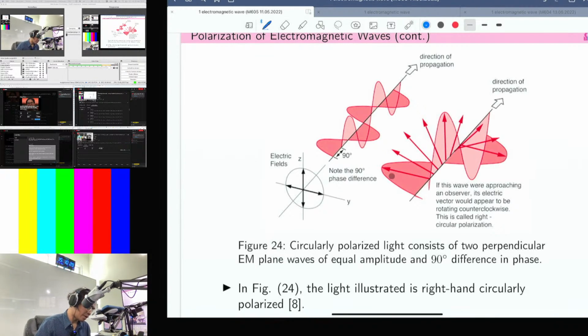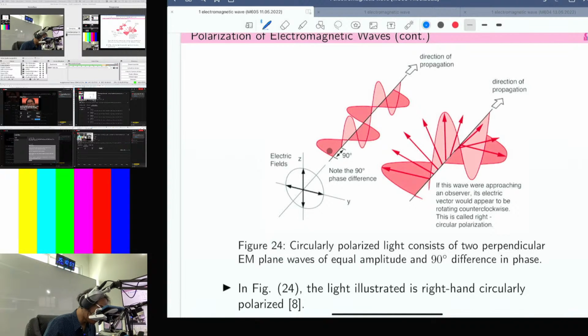It means the electric field will rotate. We don't consider the magnetic field because otherwise it's going to be difficult, and we may not easily understand the concept. There is fluctuation of the electric field in the vertical line according to this component.